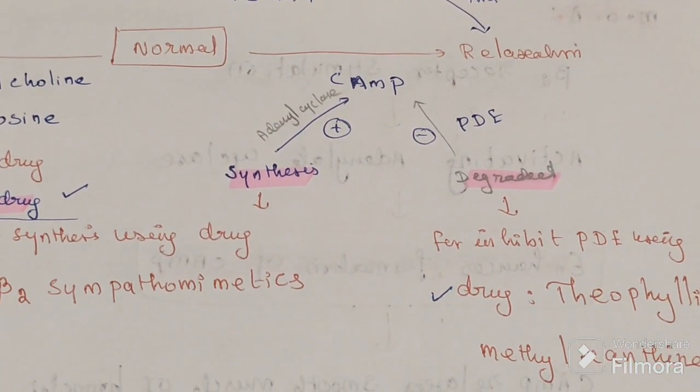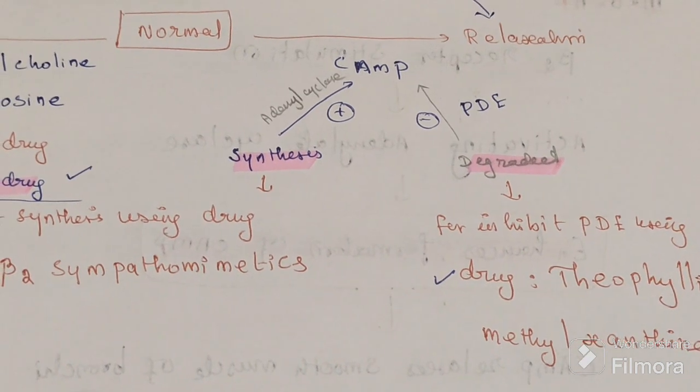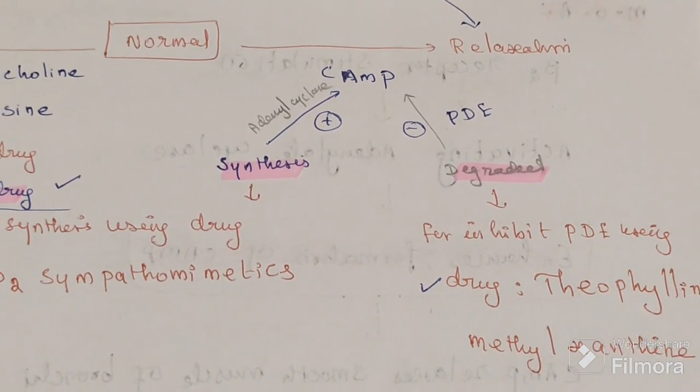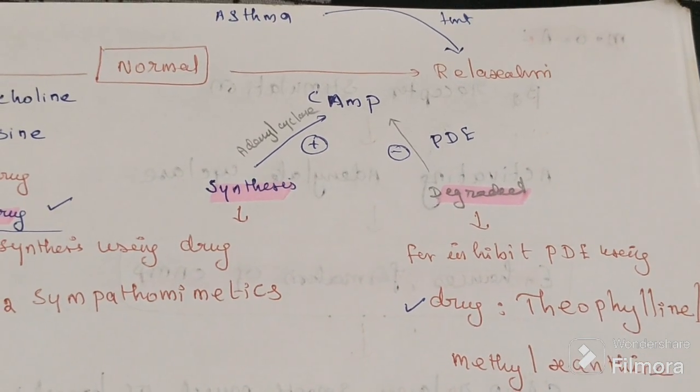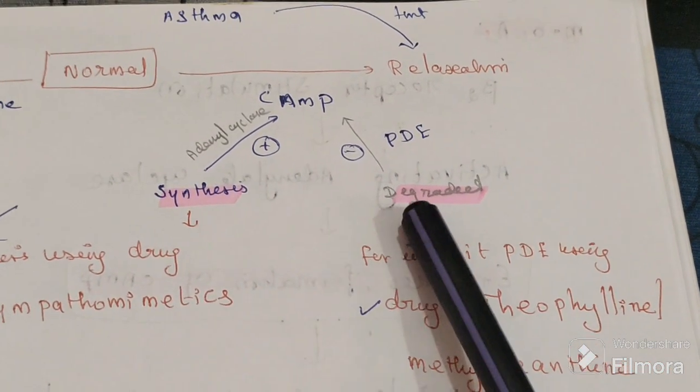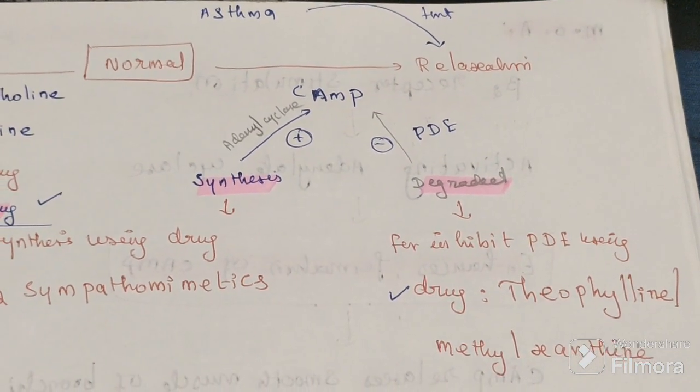So we want a drug that stimulates adenyl cyclase so that more synthesis is there. We want a drug that inhibits phosphodiesterase, so degradation is not there.